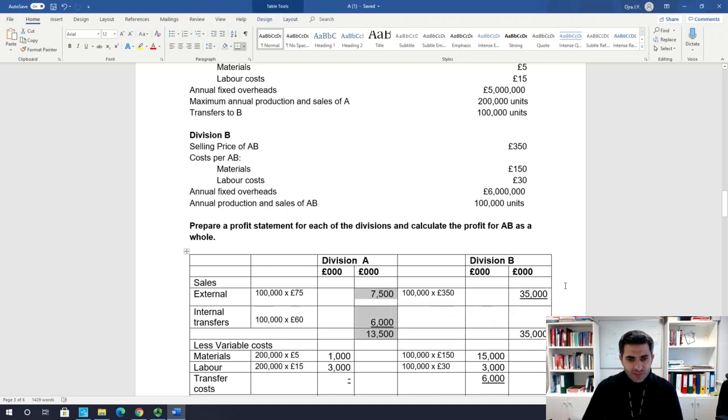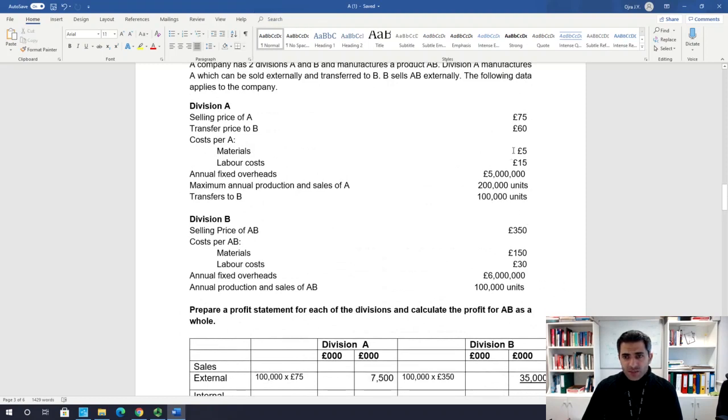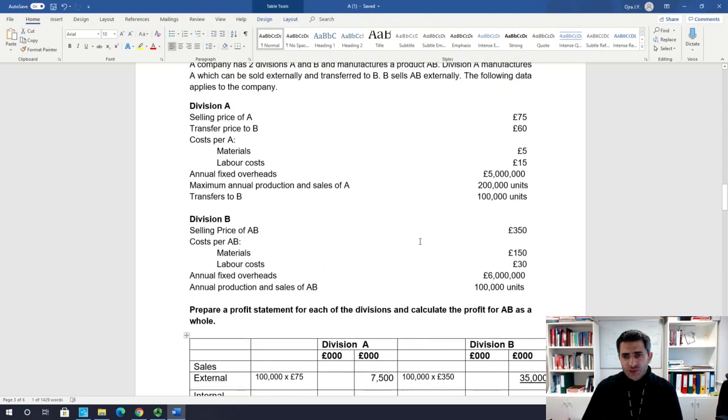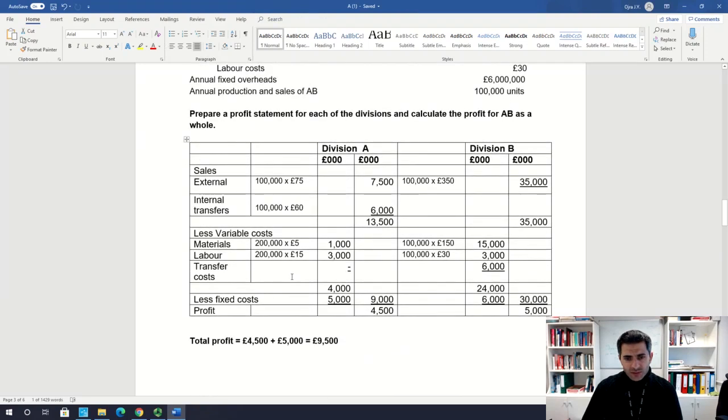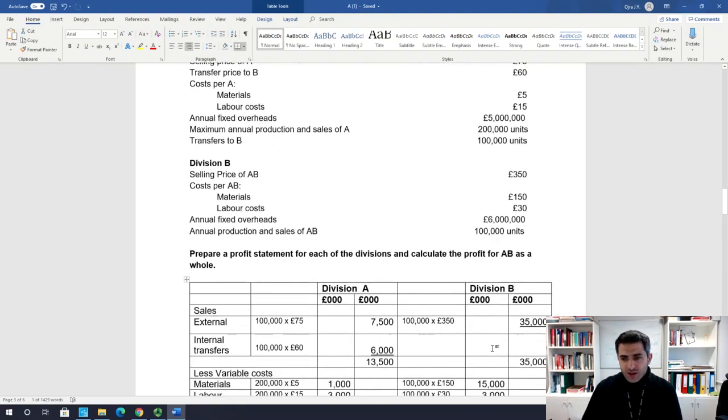Their own cost: material and labor, £5 and £15, which you multiply by the total units, 200,000. You also need to add the fixed cost, 5 million. If you do the math, you should find 4,500,000, the profit for A. You do the same for B according to the figures available here.